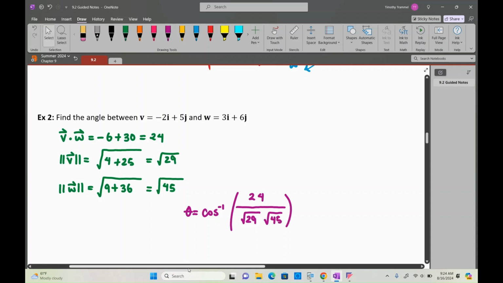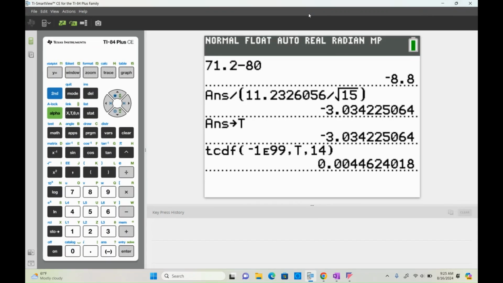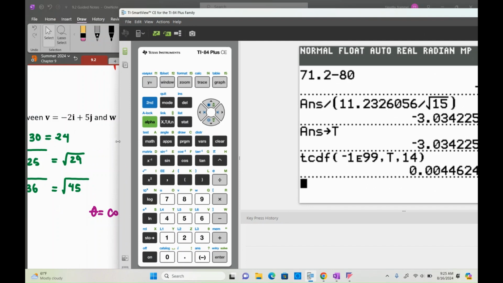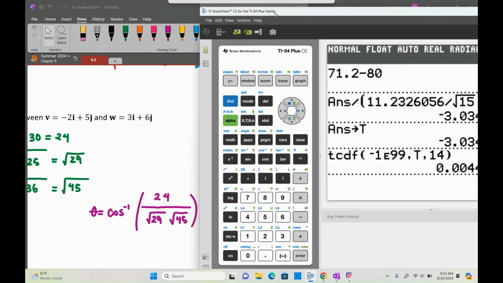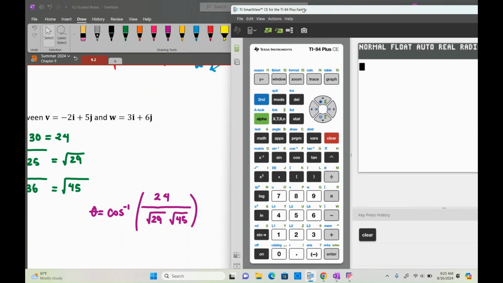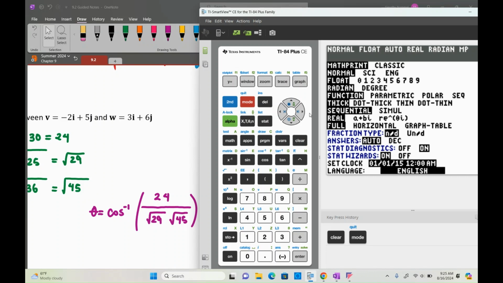And while we're at it, let's go ahead and plug this into the calculator. First of all, I want to make sure that I'm in degrees. So let me come down here and I'll do just that.